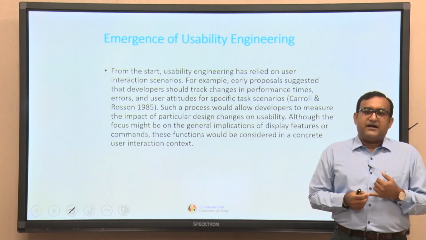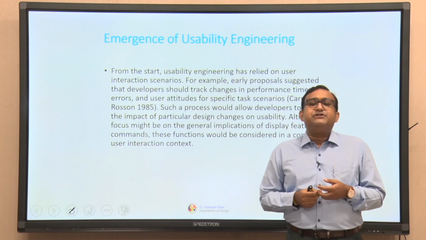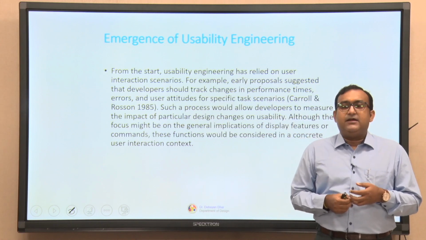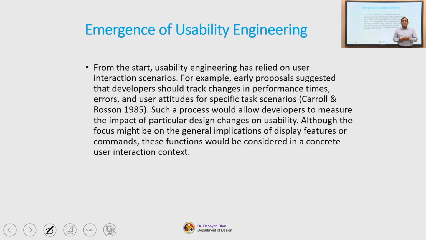From the start, usability engineering has relied extensively on user interaction scenarios. For example, early proposals suggested that developers should track changes in performance times, errors and user attitudes for specific task scenarios.